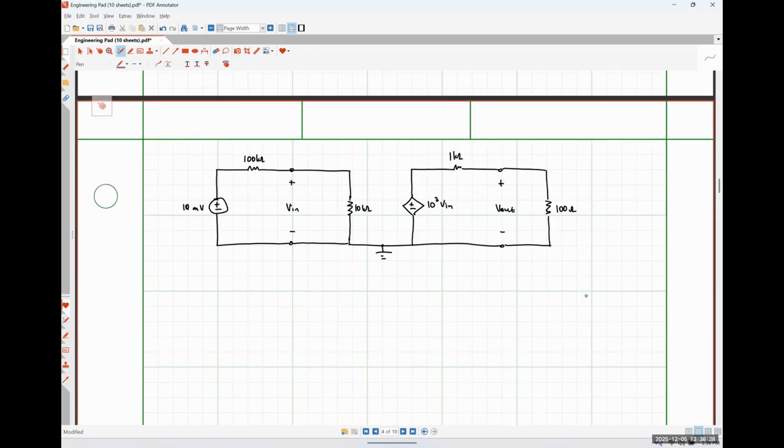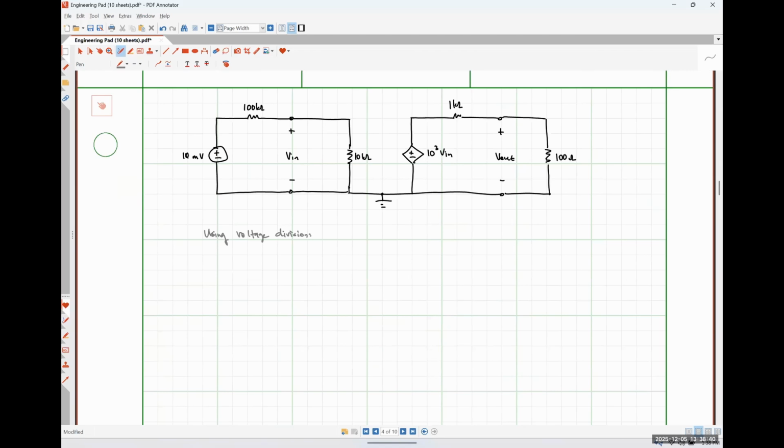Okay. So using voltage division, I could say that Vin is going to be V sig times Rin over R sig plus Rin, which in this case would be 10 millivolts times 10 kilo ohms over 100 kilo ohms plus 10 kilo ohms.